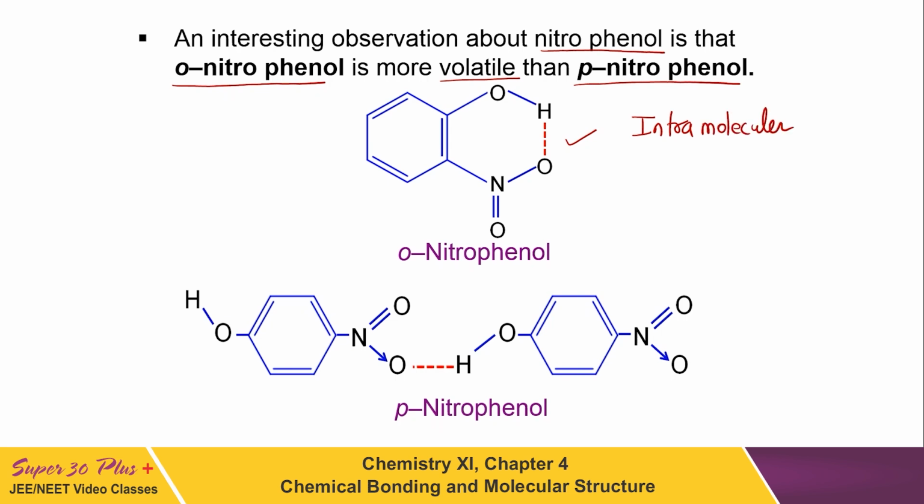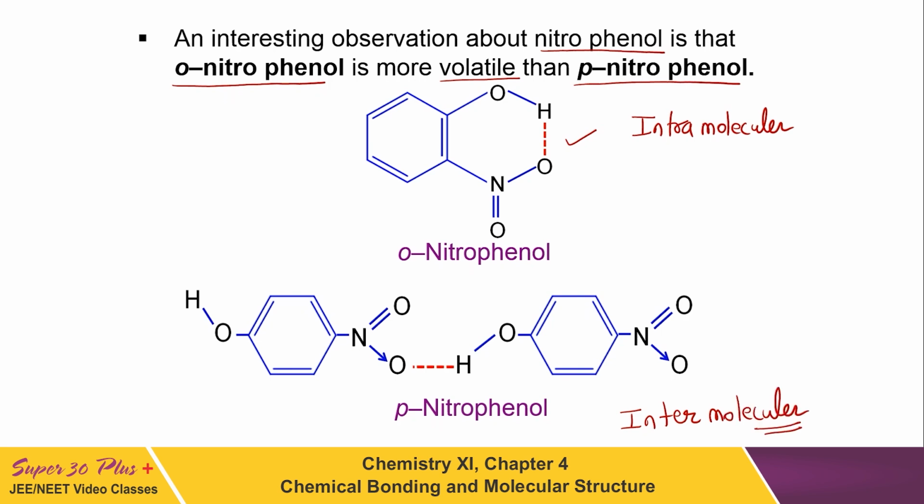And in paranitrophenol, because of the geographical separation of the hydroxy and nitro groups, there will be no H bond formation within the molecule. So in this case, H bond will form between the molecules, and this is the example of intermolecular H bond.